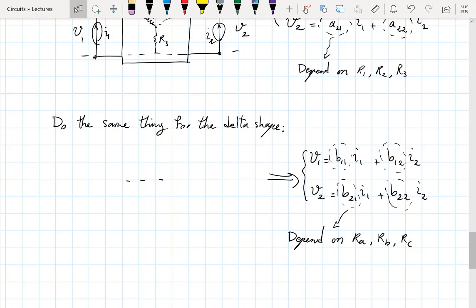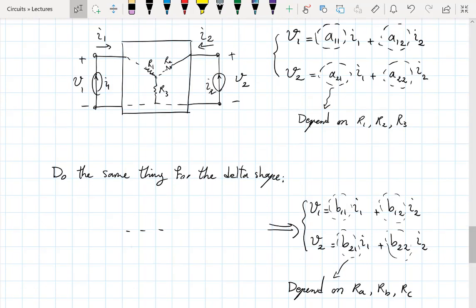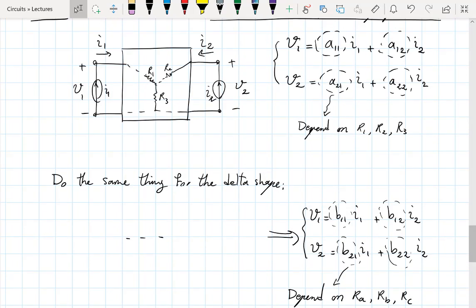If you want these two circuits to be equivalent, well, they have to have the same relationships, the same IV relationships from the outside. So you have to make sure that A11 equals B11, A12 equals B12, and so on.